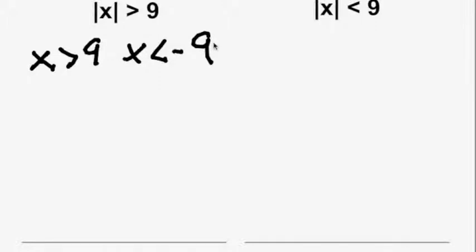The absolute value of negative 10 is 10, and so it satisfies the inequality. And so when you graph it, you have your 0, and you have 9 and negative 9, and the arrows go up and out, and it's an open circle because it's less than and greater than. So that's what happens when your absolute value is greater than a number.